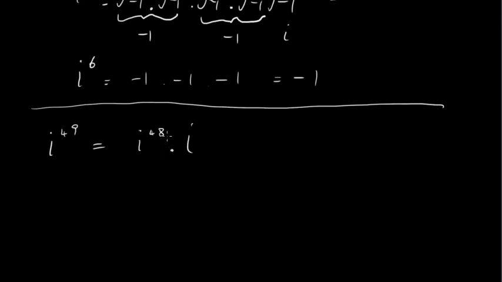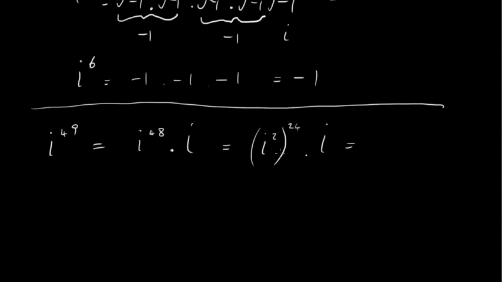We add the indices here and we get i to the power of 49. So this i to the power of 48 here is just i squared, all to the power of 24, and again we have our i here as well. So 2 times 24 will give me 48 here.